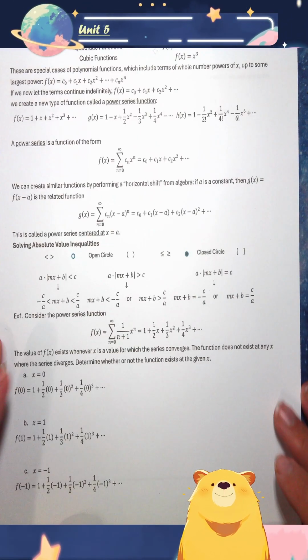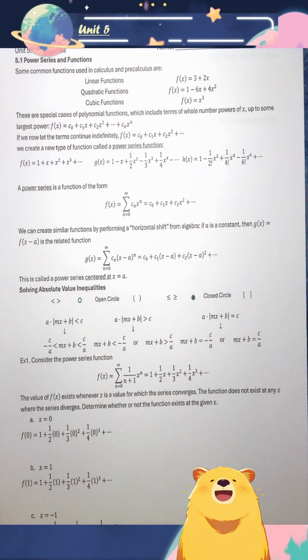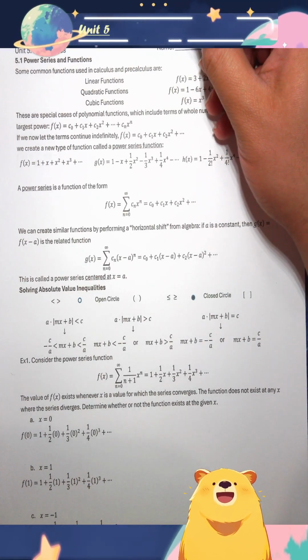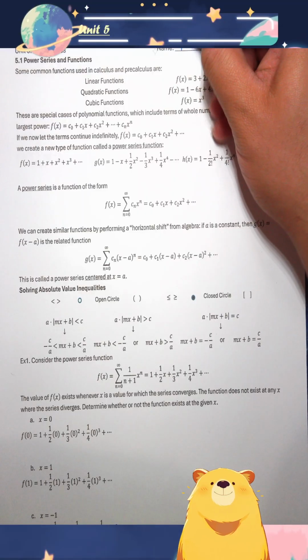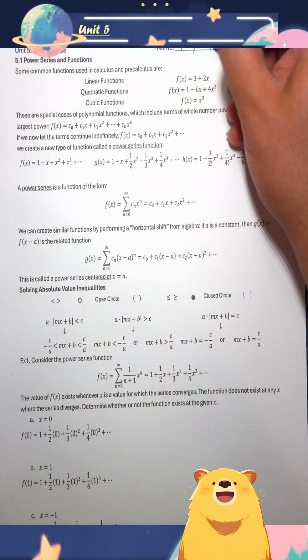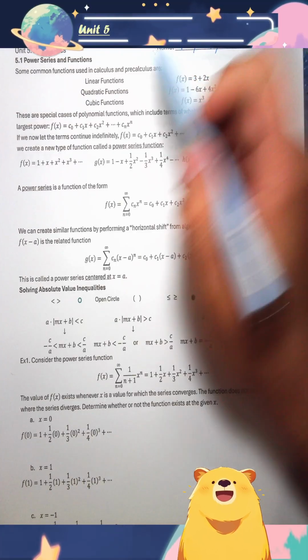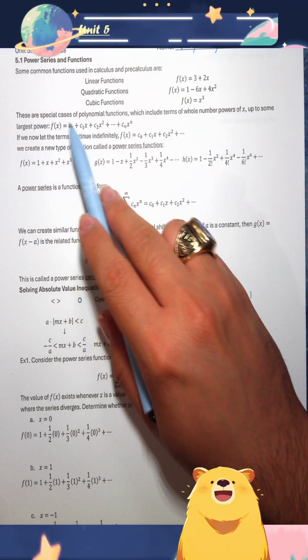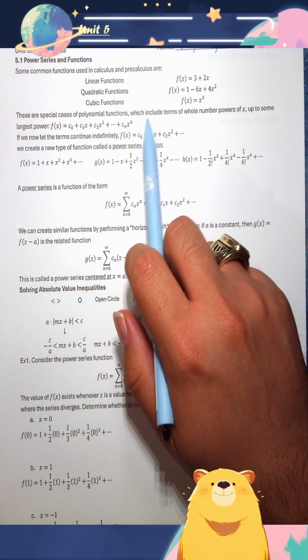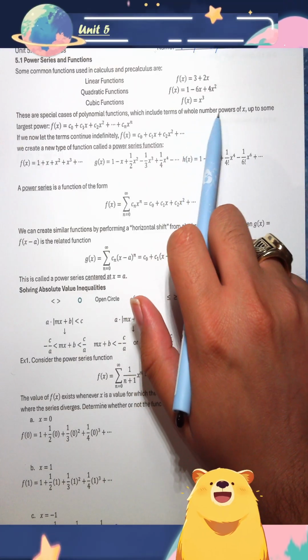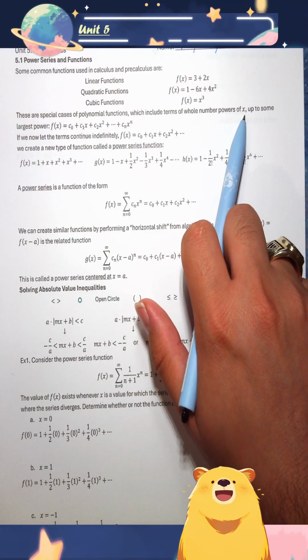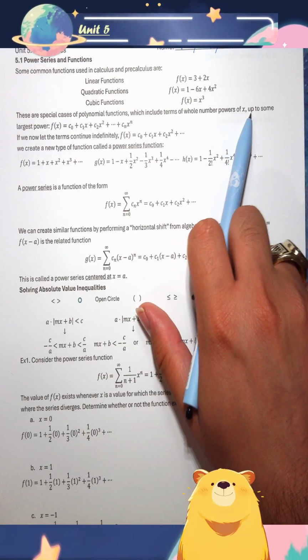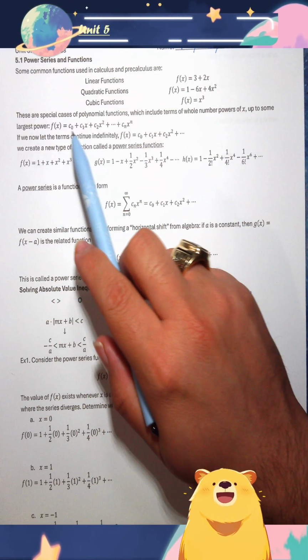Okay. All right, so let's go, unit 5, 5.1 power series and functions. Some common functions used in calculus and pre-calculus are linear, quadratic, or cubic. These are special cases of polynomial functions, which include terms of whole number powers of x up to some larger power.